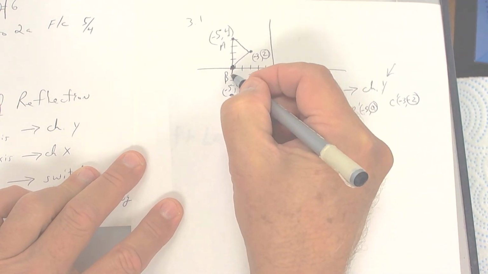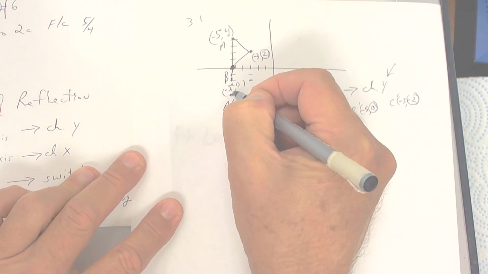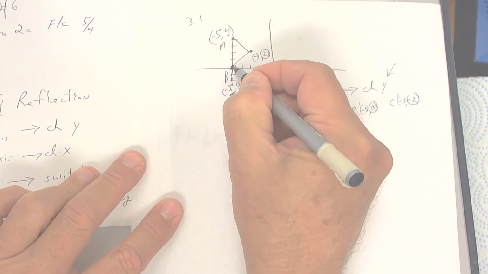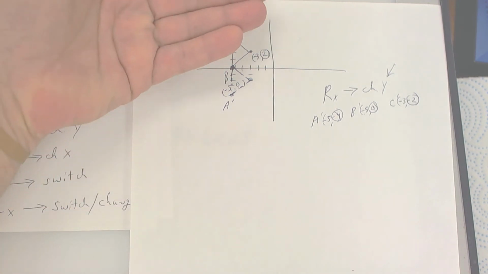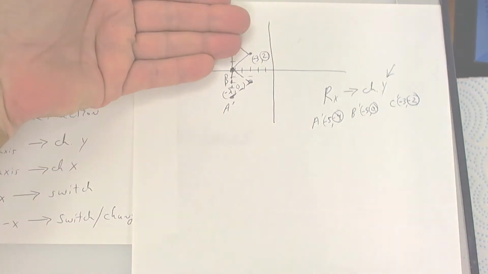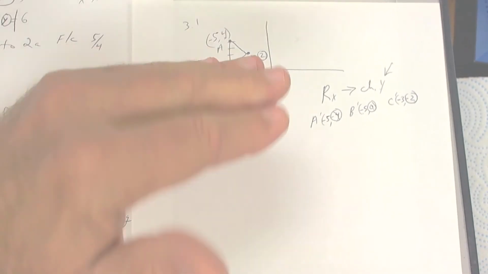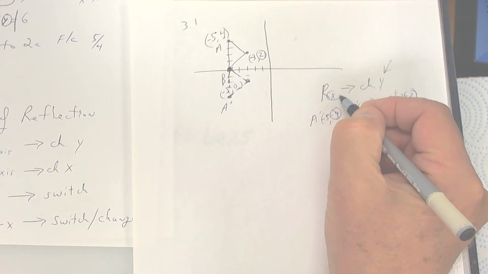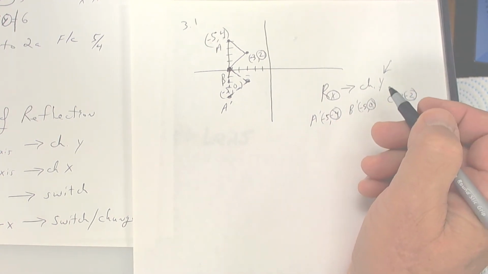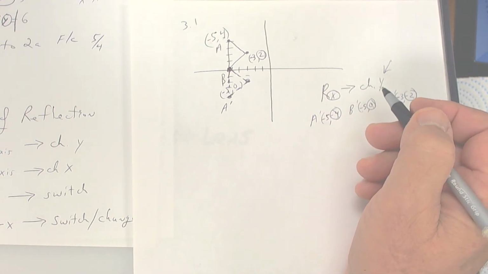So this reflection, and by the way, a reflection is a flip. And I'll use dotted lines. So when you flip it, that's a reflection, and that's a reflection over the y-axis. I'm sorry, over the x-axis. You change the y. Okay? All right. Well, that's how you do that.